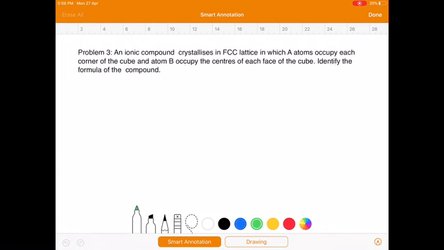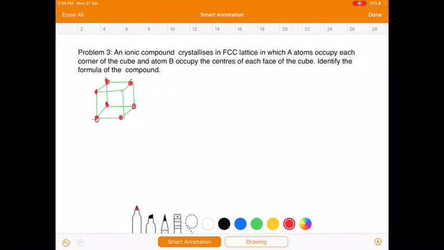Now let's try to draw the unit cell. This is the cubic unit cell. We'll mark the particle A with a different color. It occupies the corners. There are 8 corners and the 8 corners are occupied by particles A. We had discussed the number of particles in a cubic unit cell in the primitive, face-centered, body-centered, end-centered, etc., and we can relate that information here.